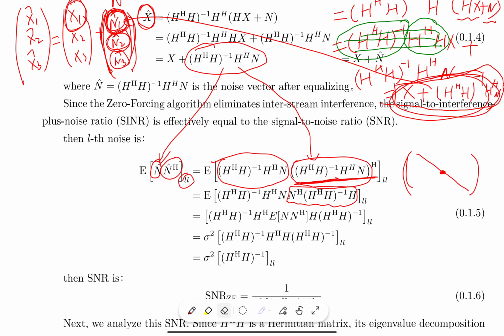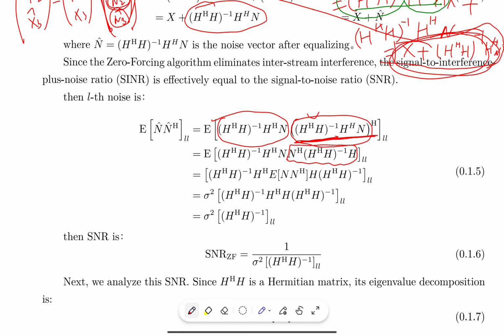It is easy to see that because this signal is a random variable, we need to find the expectation. But the channel coefficients H are determined, so they are not random variables. The only random variable is the noise.